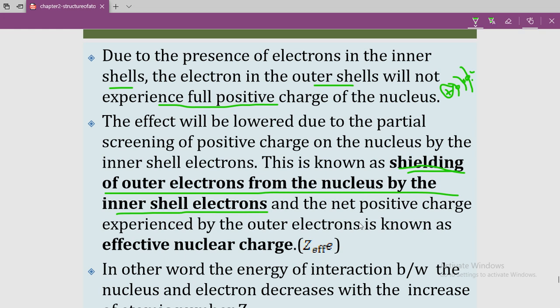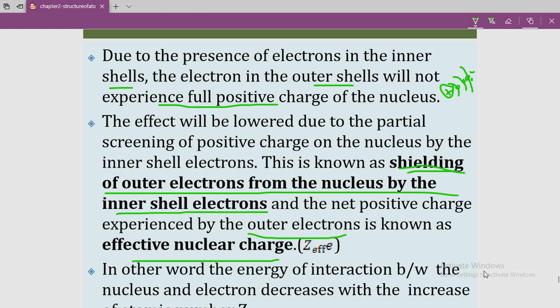The net positive charge experienced by the outermost electron is known as effective nuclear charge. How much positive charge will be experienced by this last electron is known as effective nuclear charge.